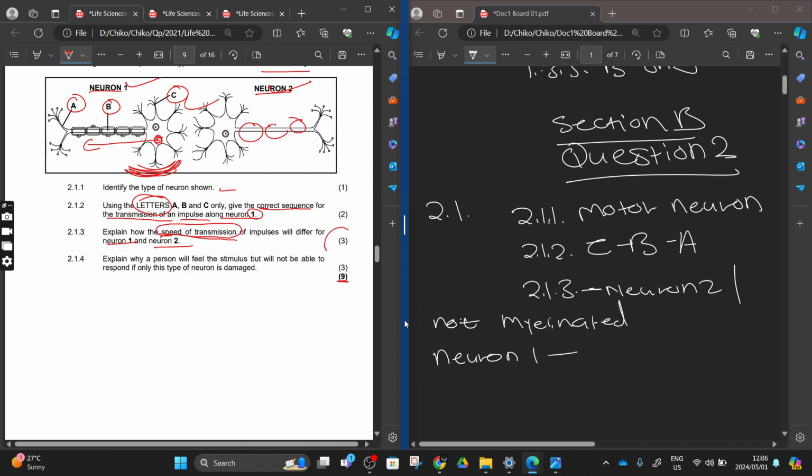But you can see it's 3 marks here, so you also have to give the basis, like educating a marker, as if you are educating him or her. Then neuron 1 is myelinated, right?